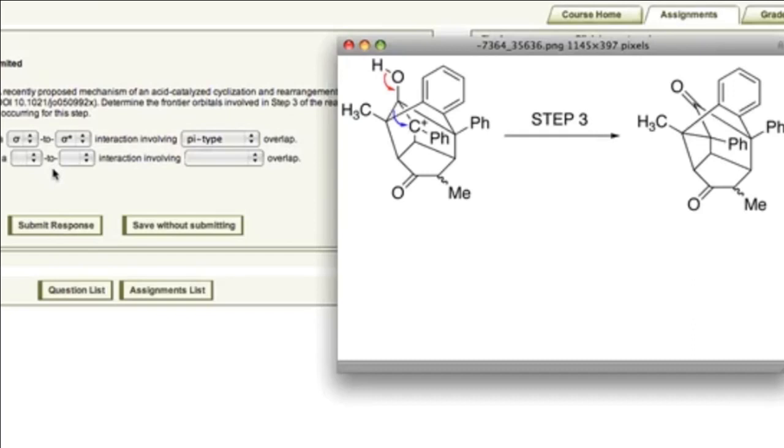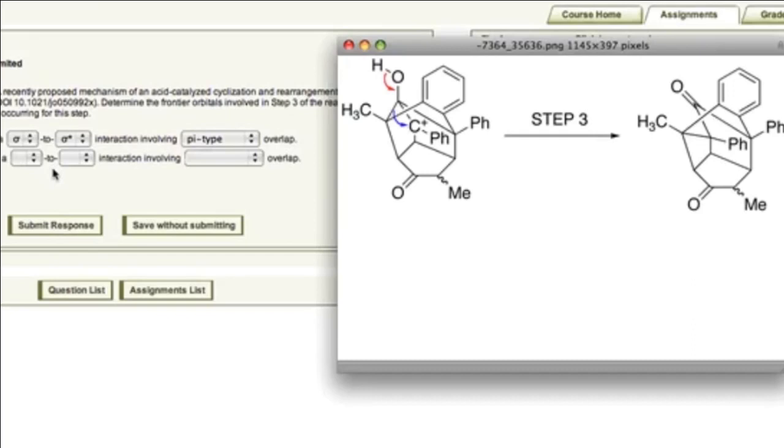This is just because of a lack of freedom of rotation. However, it's not to say that the sigma type won't happen. If in fact the sigma type overlap is viable, it's going to happen in that fashion just because of the overall stability of the sigma bond creation.